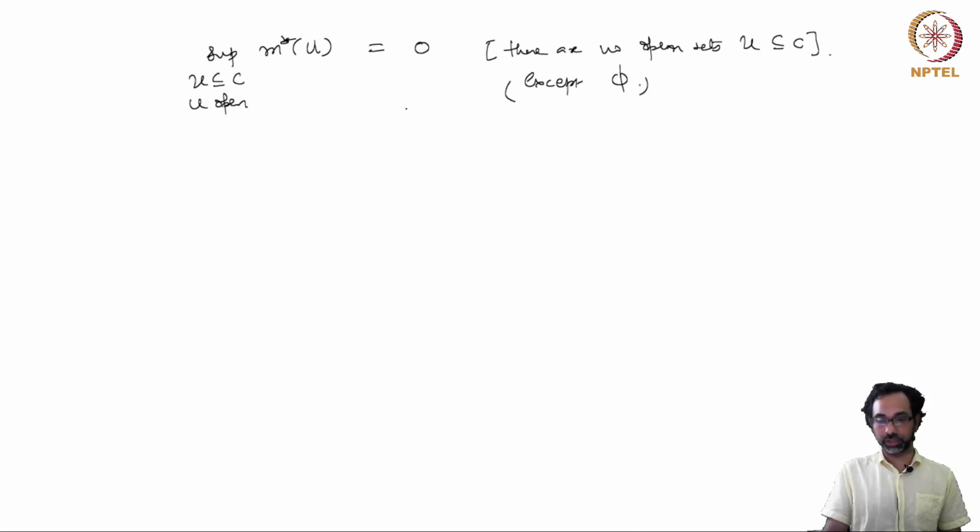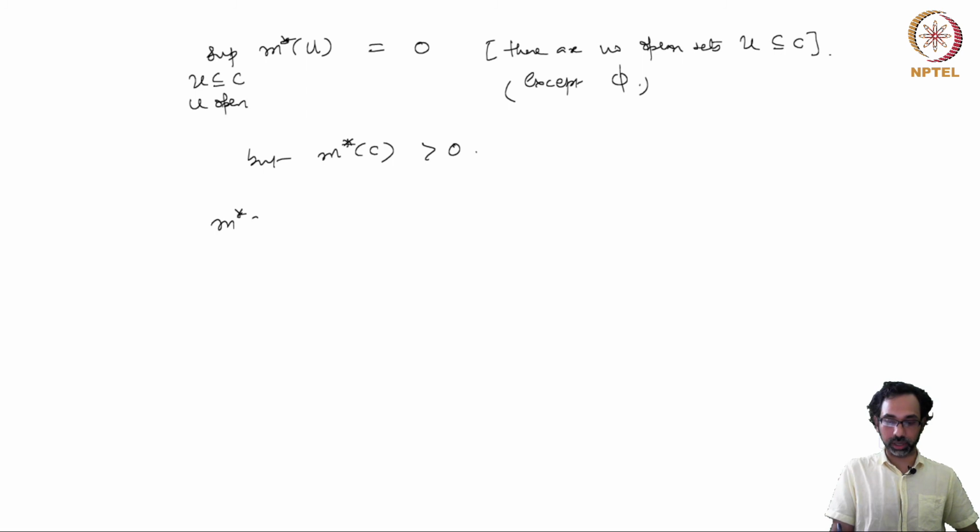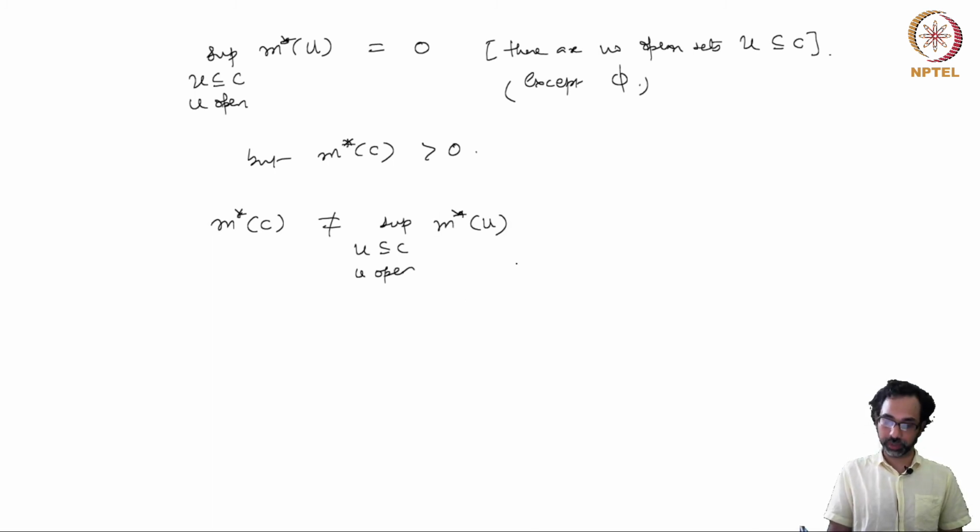So we will get 0 here, but m star of C is greater than 0. Therefore the formula does not hold: m star C is not equal to the supremum of the Lebesgue outer measures m star U of all open sets inside C.